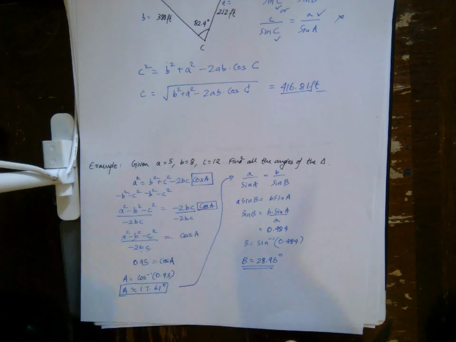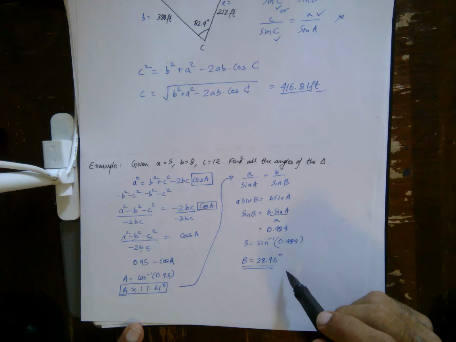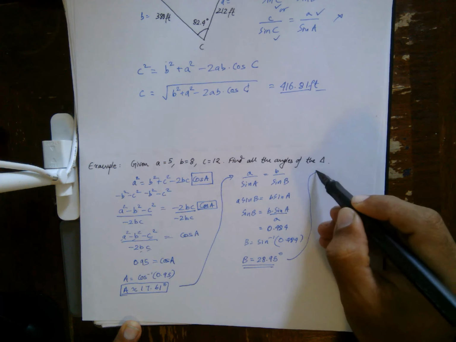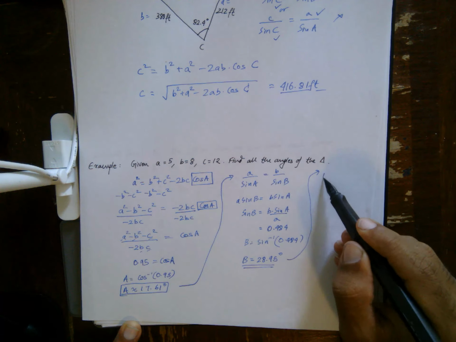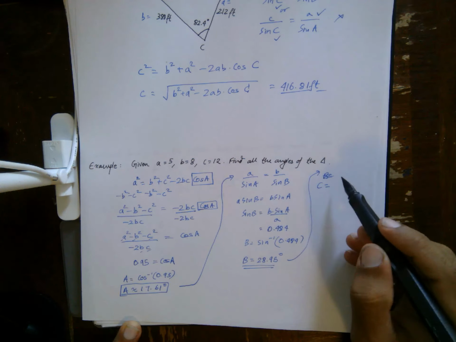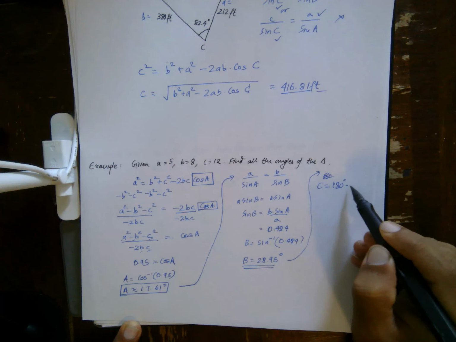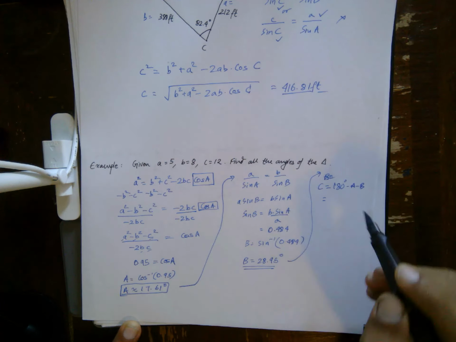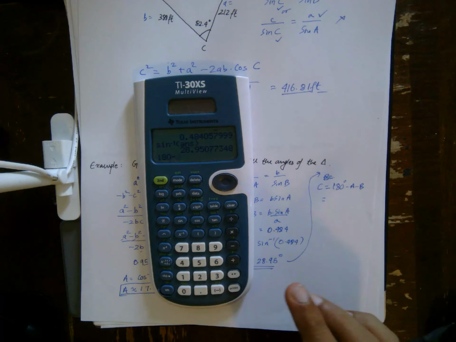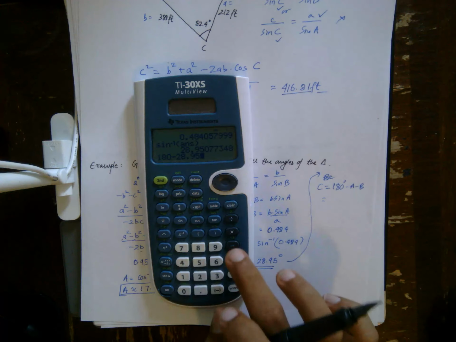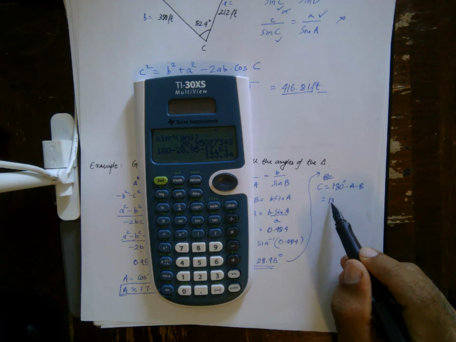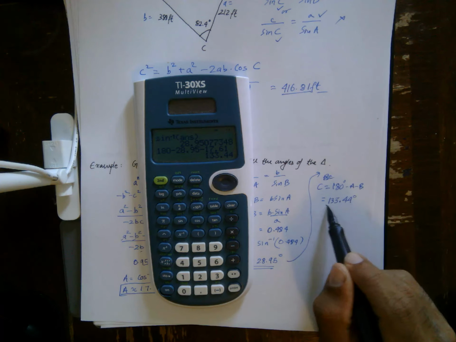And then once again, you can use cosine law or sine law to find C, but an easier, quicker, smarter way is to notice that once you have two angles, finding the third angle, you just subtract from 180. So you get 180 subtract 28.95 subtract 17.61, 133.44 degrees.